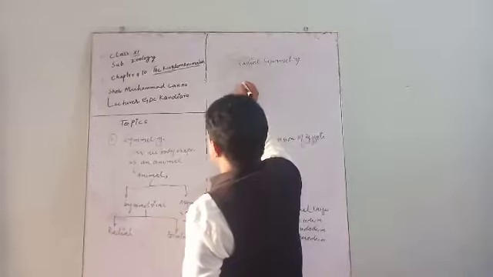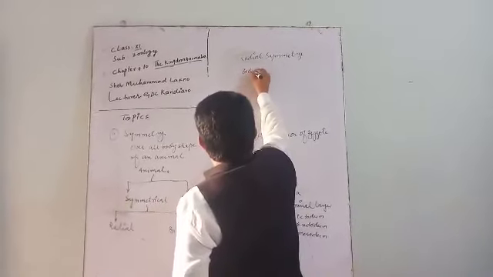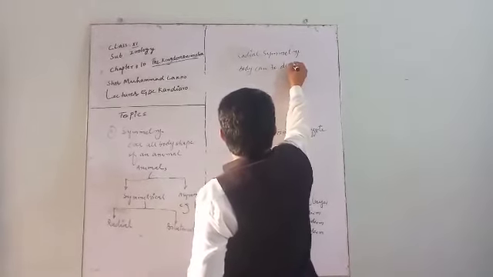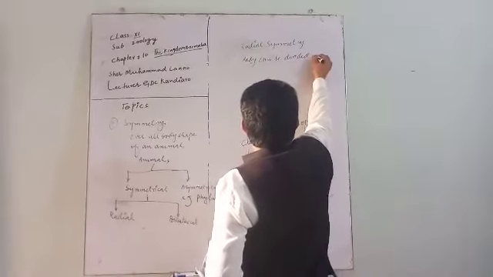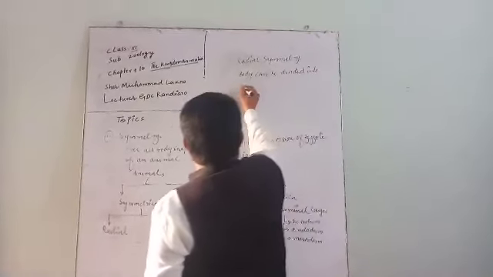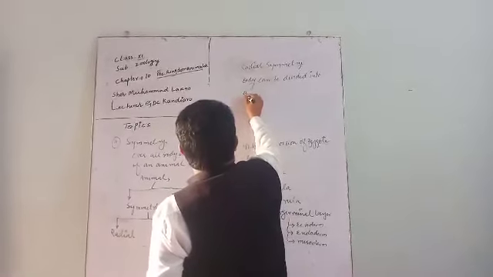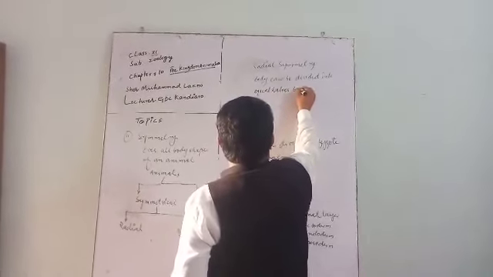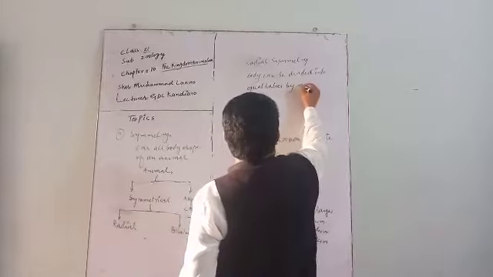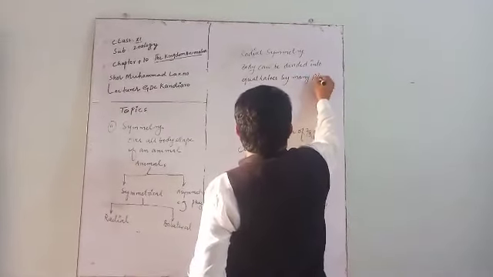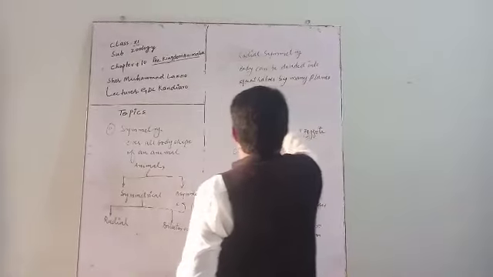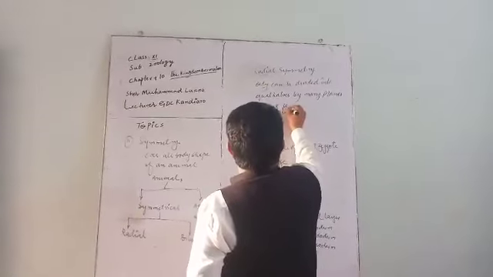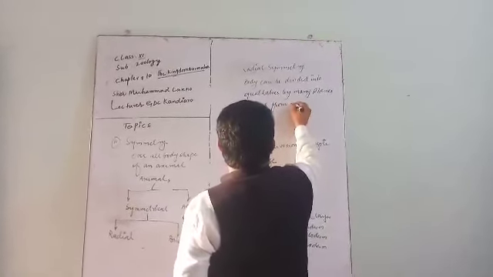The definition of radial symmetry is that the body can be divided into equal halves by cutting from any plane through the main axis.